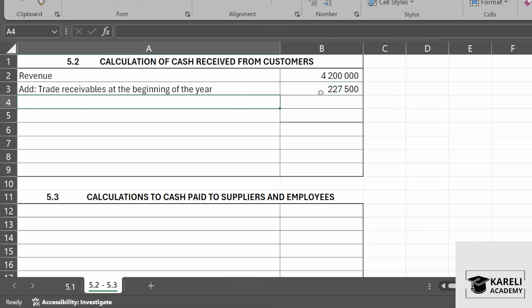And then at the end of the year, you subtract or less trade receivables at the end of the year. Now, because we less, it should be in brackets. That is 200,000.